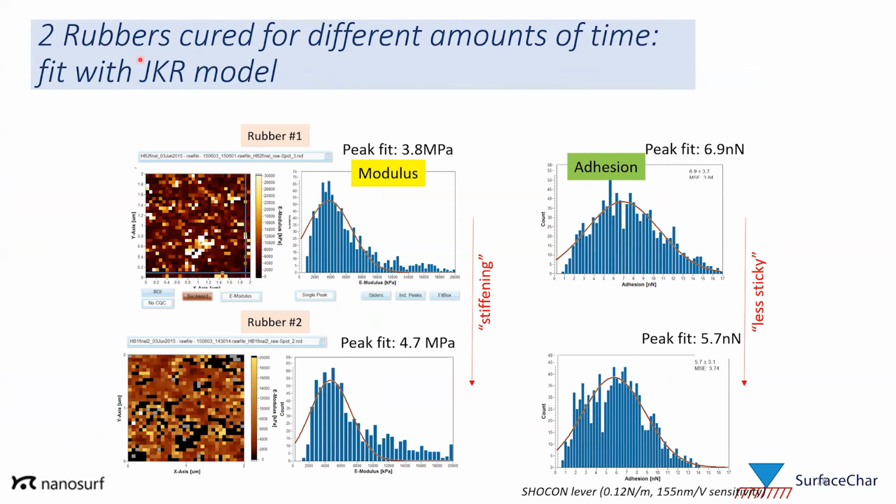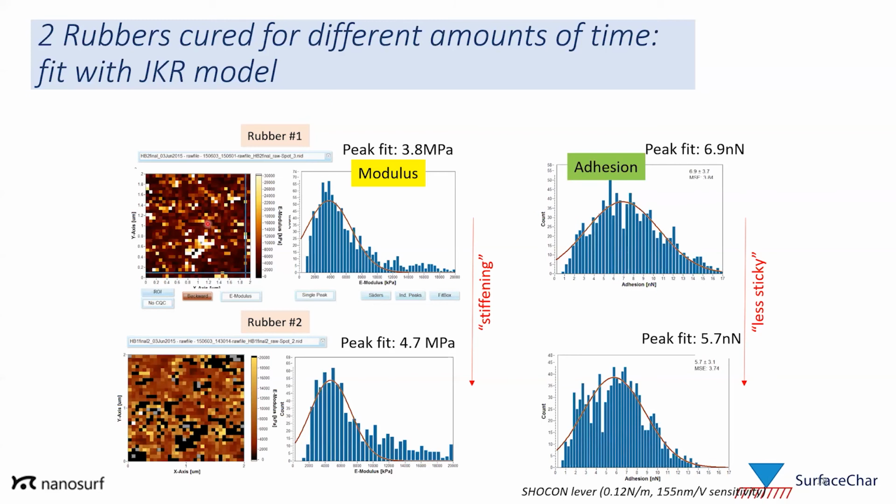Here's another example where we looked at two rubbers that had been cured for a different amount of time. When you cure a rubber, it should stiffen and become less adhesive. The first rubber, this is just a force map, and it was homogeneous. There are no other components, not a multi-component blend or anything.